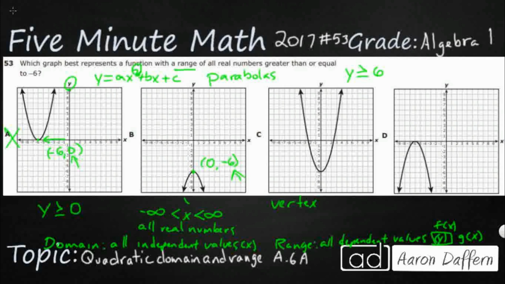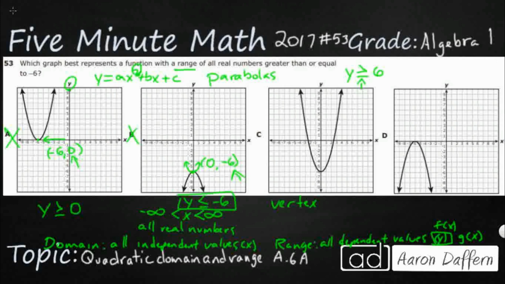This is y is going to be less than or equal to -6. So it's close, but we're wanting a greater than or equal to. So we need this to flip up. That parabola with a flipped up graph, that would look good.